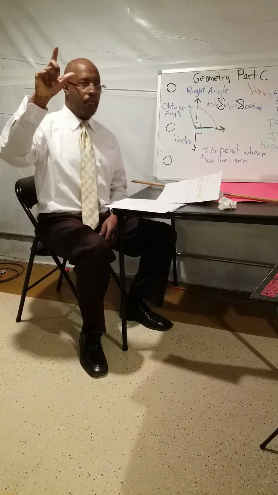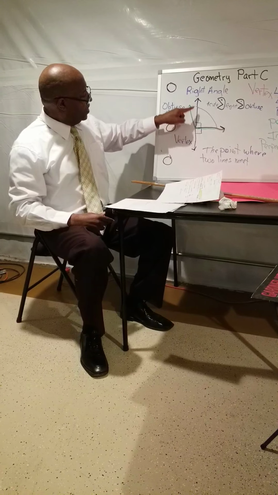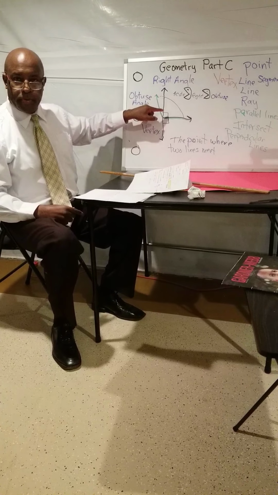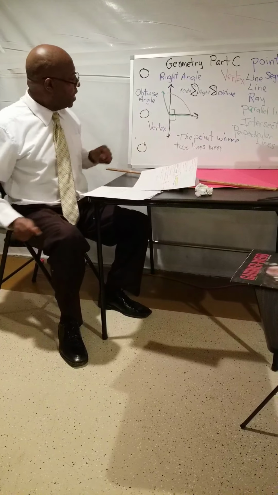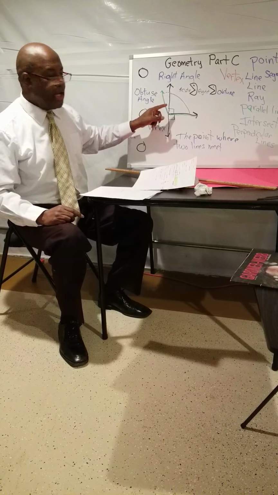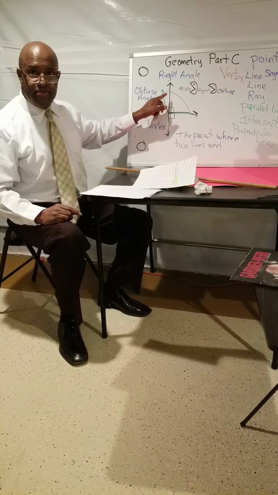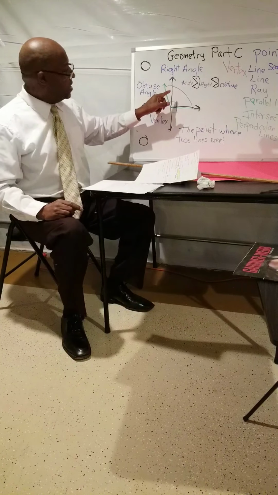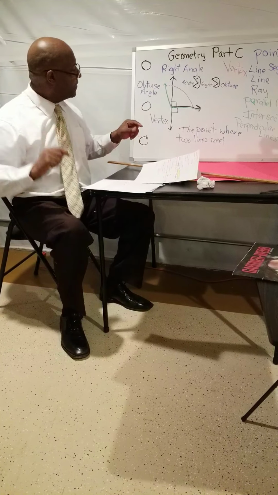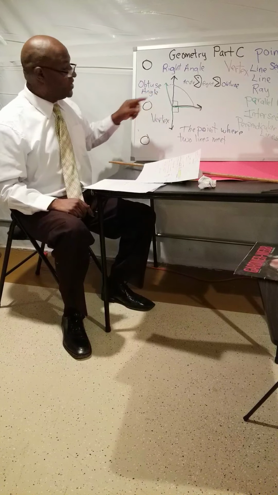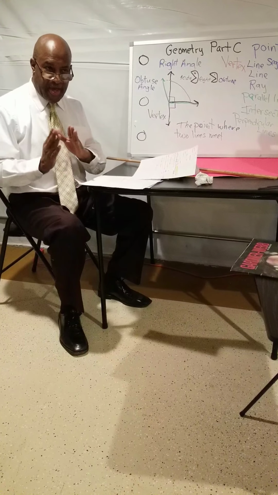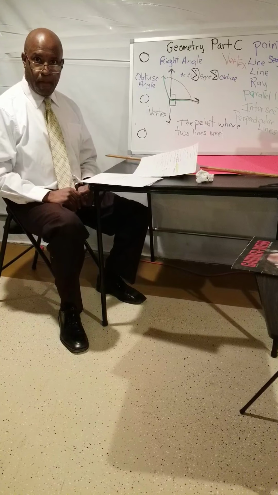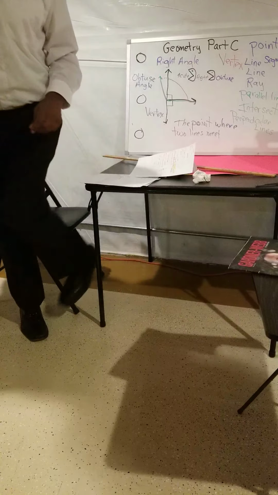Right angle, it always had a symbol that looks like a capital L. An acute angle is any angle a little bit less than that right angle that looks like an L. And an obtuse angle is anything a little bit greater than a right angle. Okay? Thank you, boys and girls.